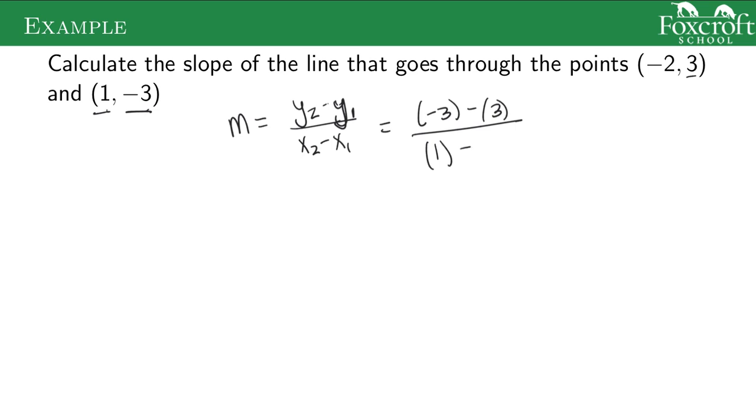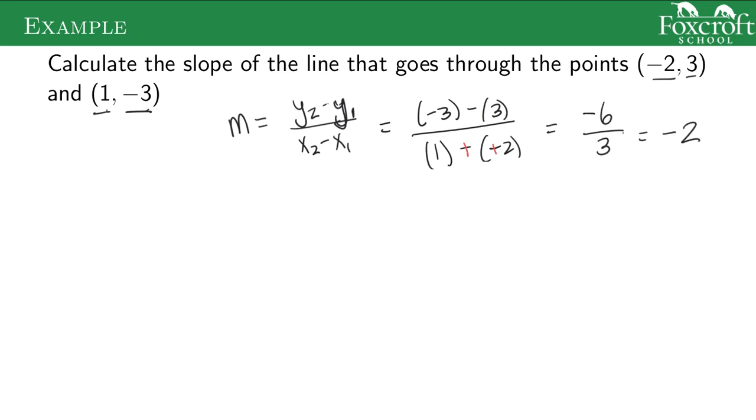I'm going to subtract my first x value, that's -2. All right, so on the top, I can simplify -3 minus 3 is -6. On the bottom, remember when I subtract a negative, these two cancel out and just make it addition. So 1 plus 2 is 3. And then I simplify my fraction, -6 divided by 3 is -2.